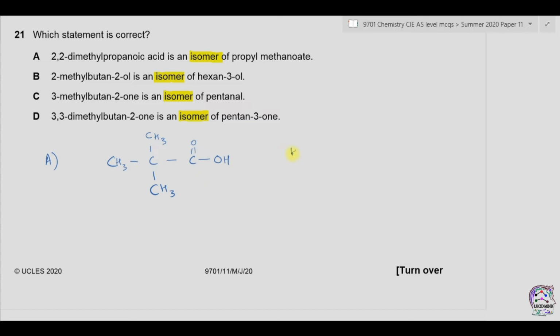Propyl methanoate will be HC double bond O, O, C, C, C. We have the carboxylic acid of 1 carbon atom and alcohol of 3 carbon atoms. Now the number of carbon atoms are 1, 2, 3, 4, 5 for this one and 4 for this one. So these are not the isomers because the number of atoms are not equal.